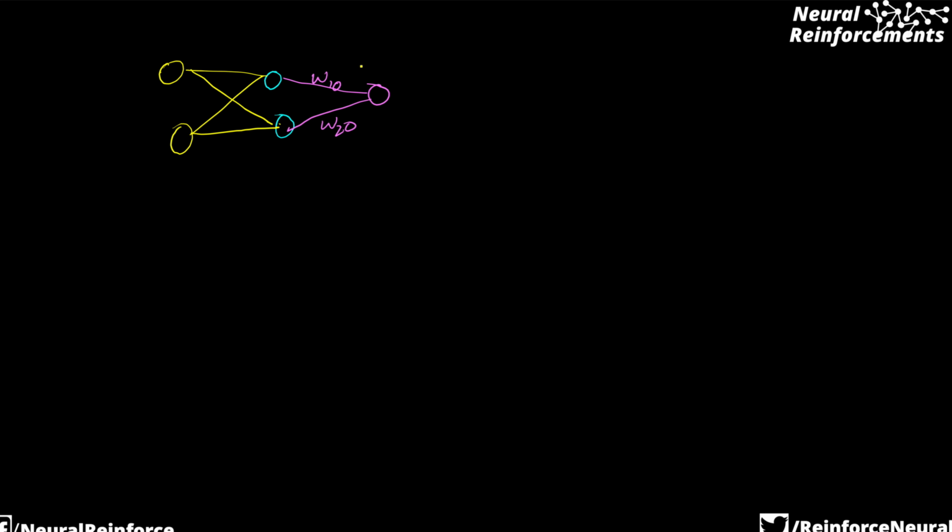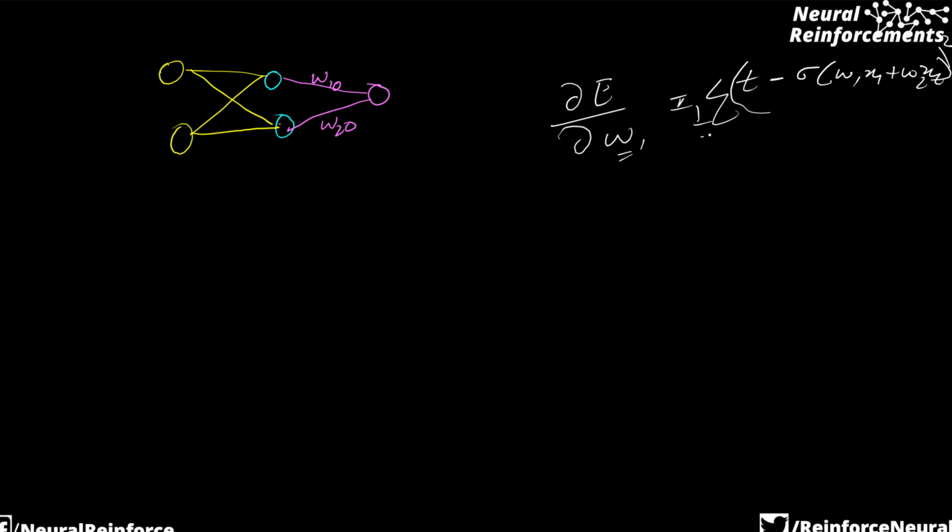The easiest way we discovered to optimize these weights is to compute delta E by delta W. But in our case, delta E had one component of delta W, so delta E was t minus output, which in the case of sigmoid was of delta 1 x1 plus delta 2 x2, whole square, and whatever you want to add or subtract.